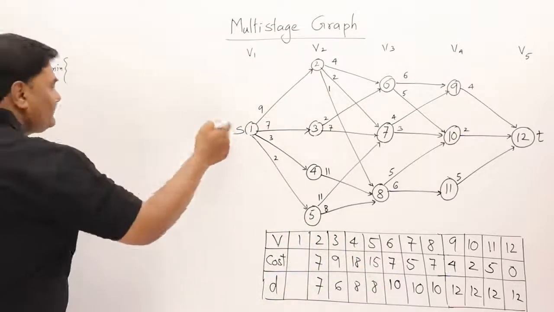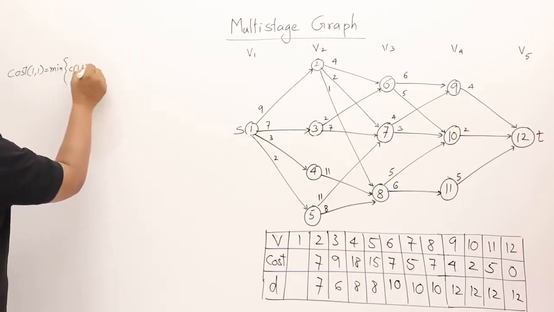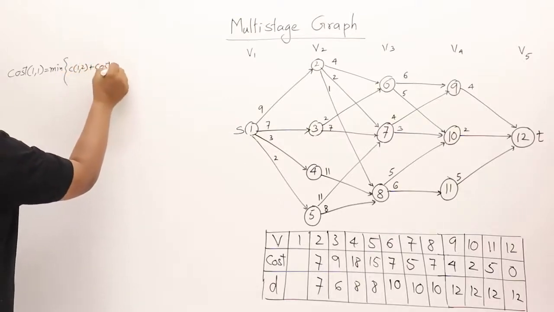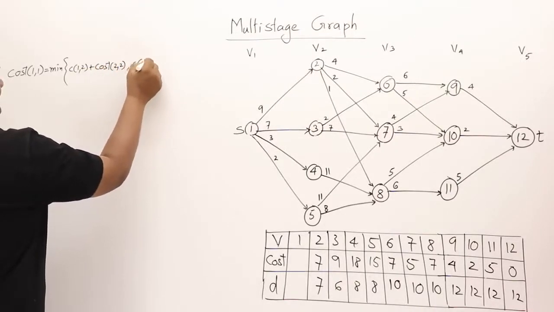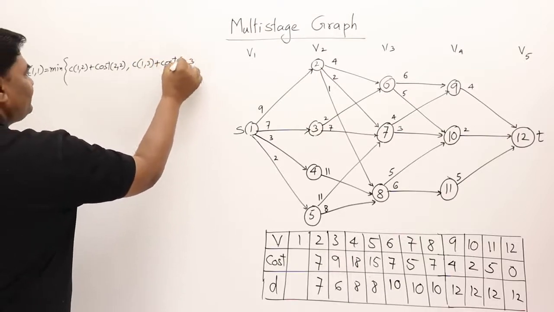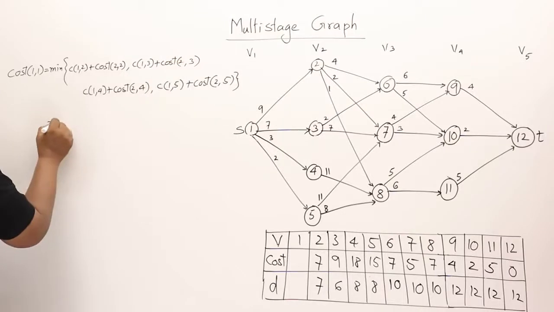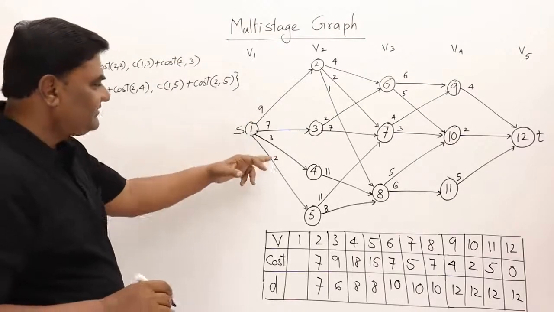Now to find this cost, see, this is cost of an edge from 1 to 2 plus cost of 2 in stage 2, comma, cost of an edge from 1 to 3 plus cost of third vertex in stage 2. What is minimum? Let us find out. See, the values are 9, 7, 3, 2, right?